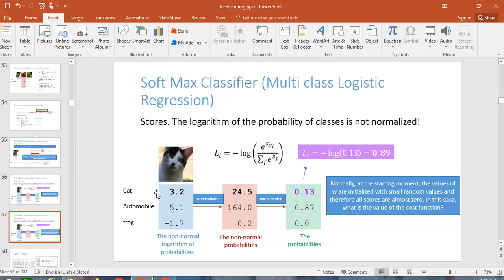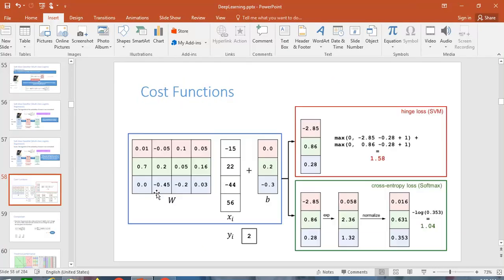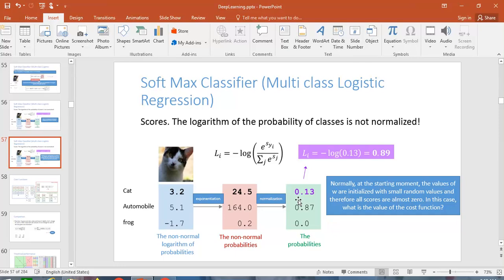Now what we have to do is to find that W. If the input belongs to a class, the probability of that class should increase. That is, for example, here this 13% should be 1 and the rest should be 0. Then this would be the best W.